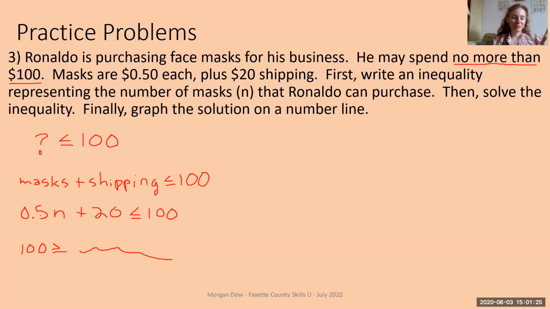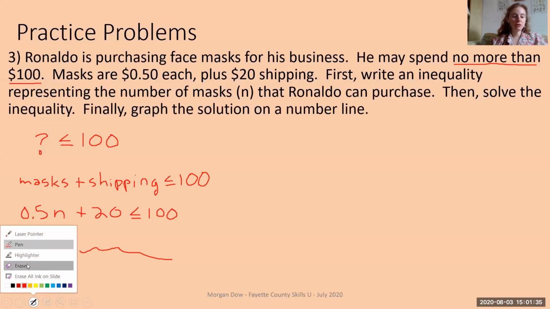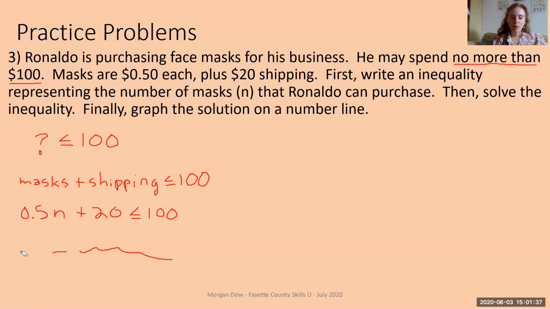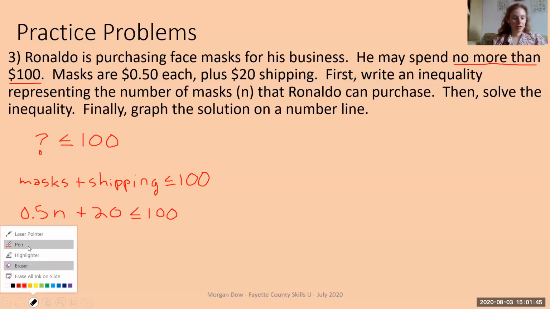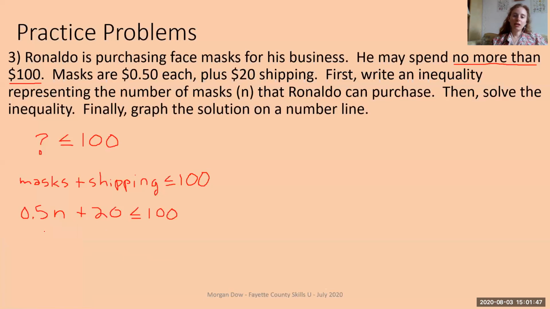So I just think it's a little bit easier to read the sentence aloud to yourselves if you write it in the order that we started with here. But there's lots of different ways to write it. And if you are unsure about whether the way you wrote it is correct, ask me. Send me your answer and ask me to double check it. I'm happy to do that. Okay, so we have written our inequality.